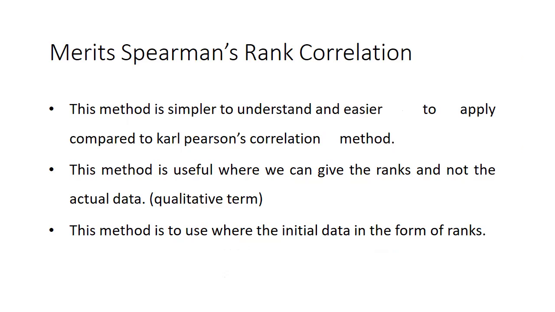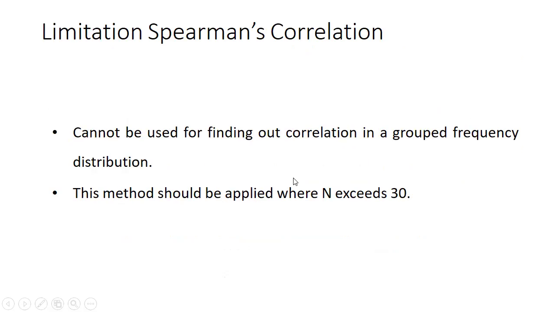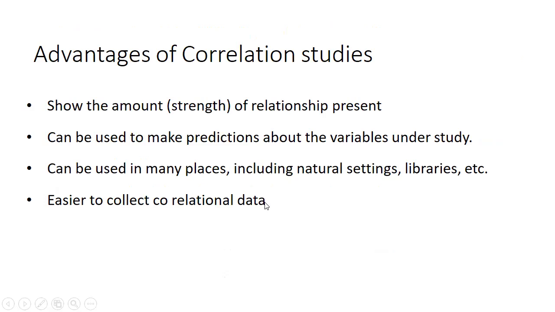We can give rank 1 to 10 if 10 participants are there. This method is used where the initial data is in the form of ranks. Limitations: it cannot be used for finding correlation in group frequency distribution. This method should be applied where n is equal to or less than 30.